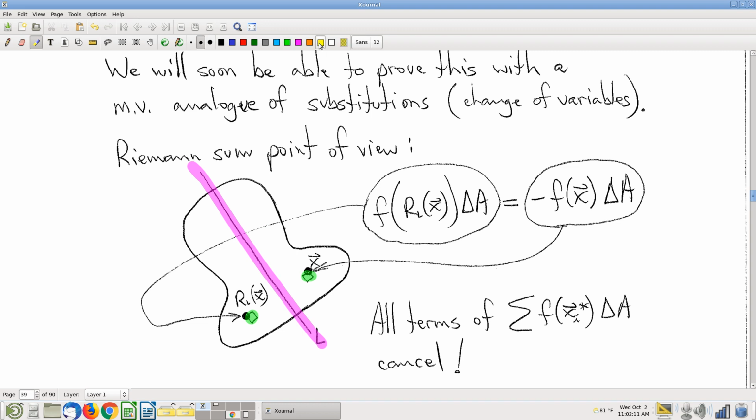They cancel due to how the function has odd symmetry over that. But it's got to be the same line, right? If the function has odd symmetry in a completely different direction, then who cares? Then these terms don't cancel. So, like I say, it's got to be the same line.